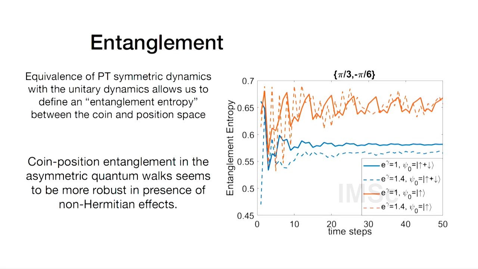So we see that as you introduce the non-hermiticity with the metric mechanism, though this is not a mathematical proof, it's a numerical indication that for the asymmetric cases, the entanglement entropy does not really change in the asymptotic limit, but for the symmetric walks, which go on both sides, it actually decreases.